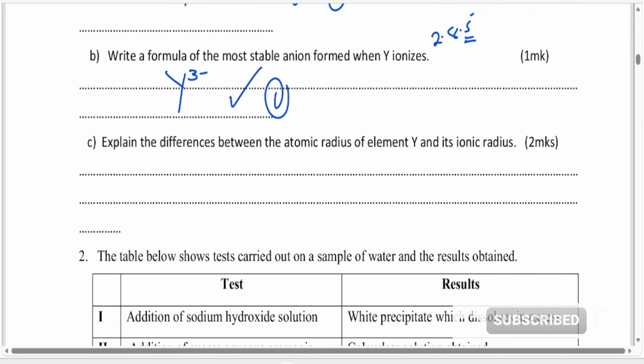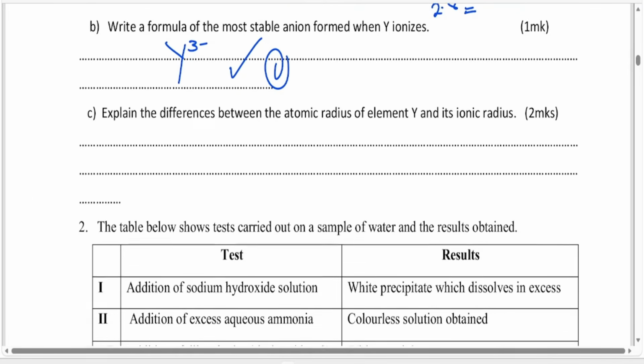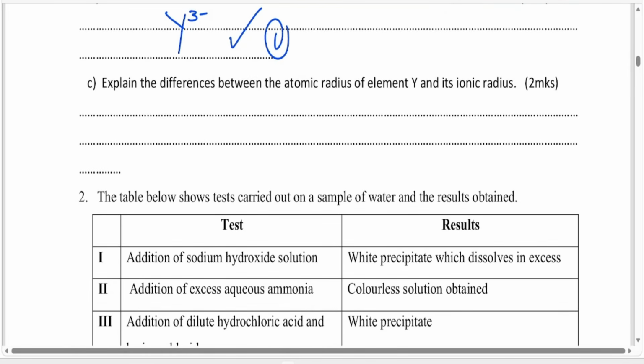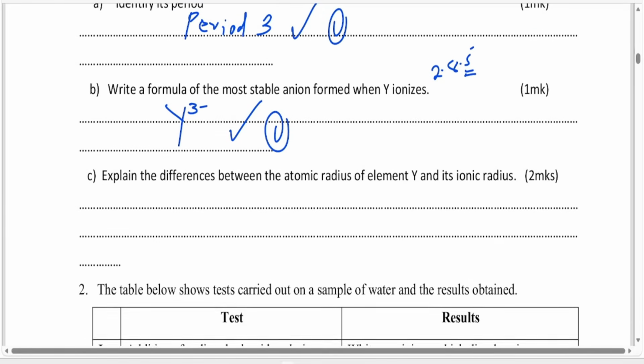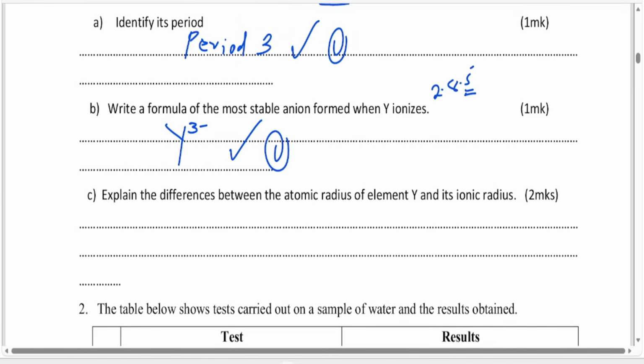Moving to part C of this question, explain the differences between the atomic radius of element Y and its ionic radius. Students, we need to understand that element Y is a non-metal, and basically it's phosphorus. Being a non-metal, it reacts by gaining electrons.